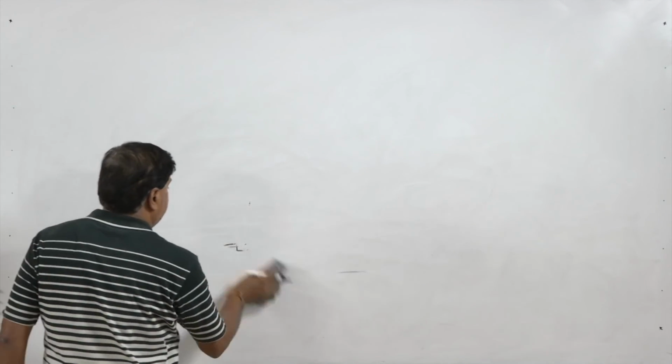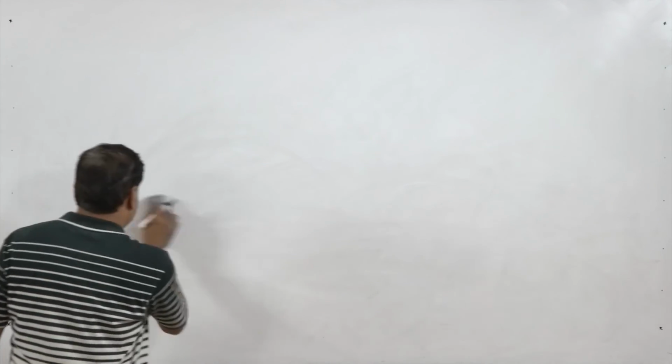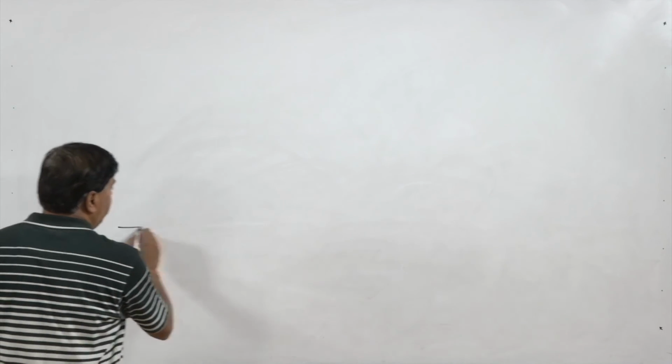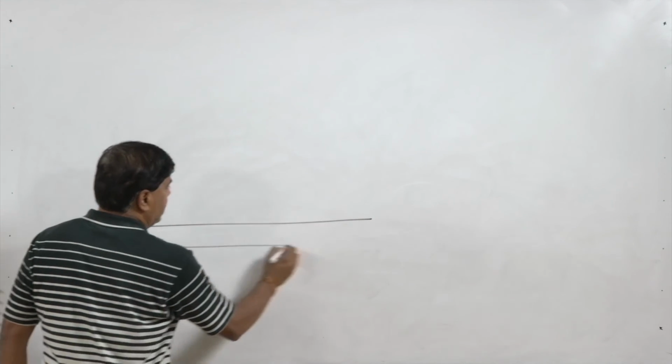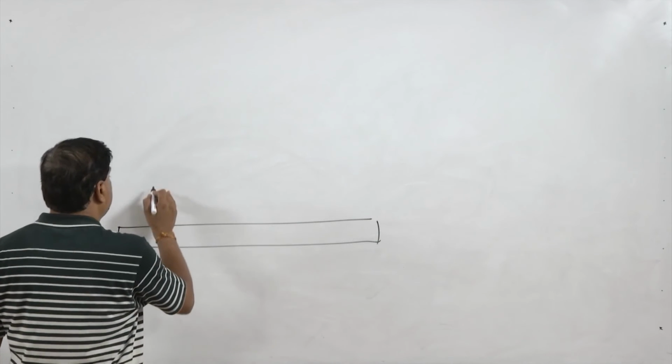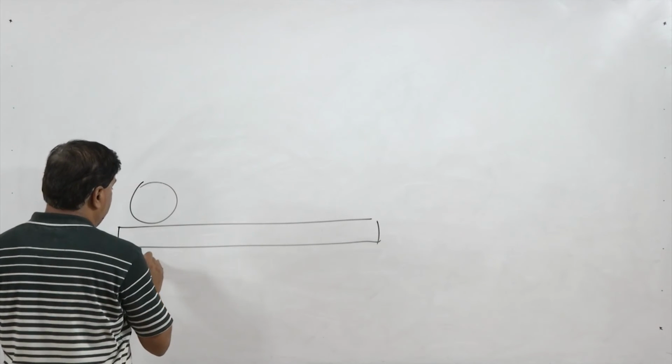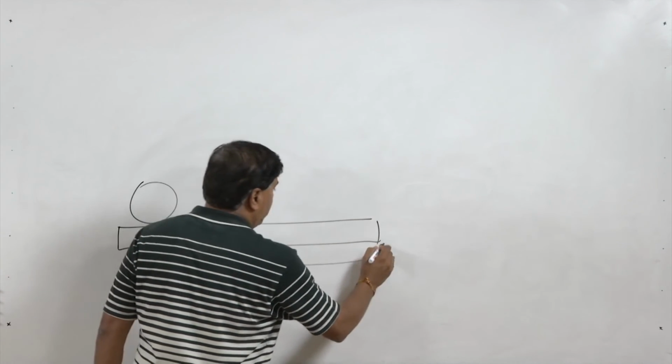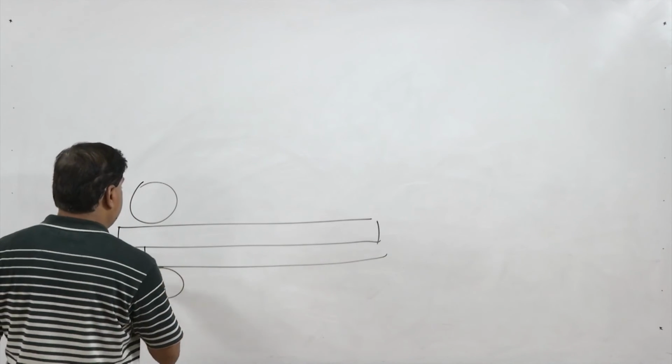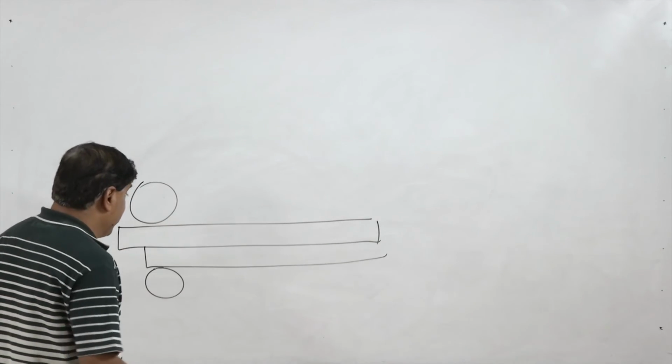Similarly, in case of seam welds, they are made in three ways. Seam welds are made with the help of rollers, which roll continuously while current is fed.